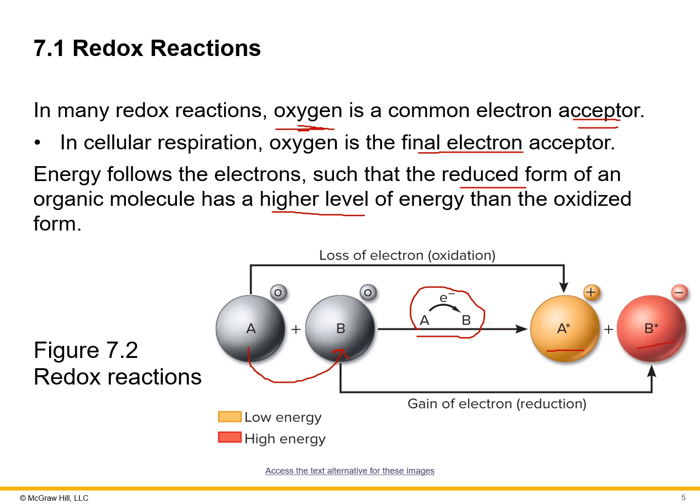Again, the real important thing here, since we're talking about energy, is that energy follows the electron. So A, which is oxidized, is now at a low energy state. It doesn't have much energy. B, which accepted that electron, is now at a high energy level.